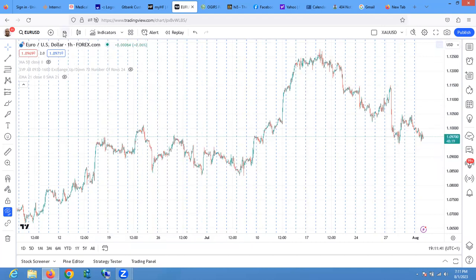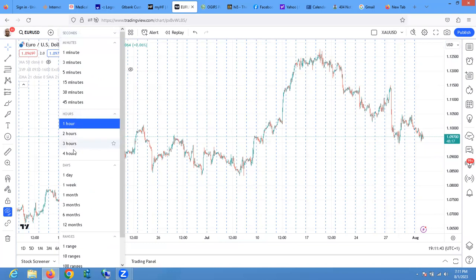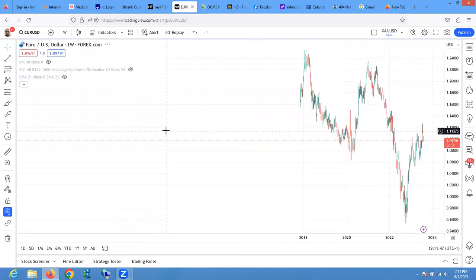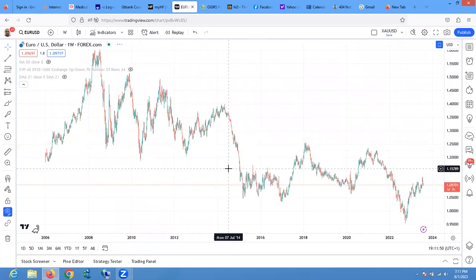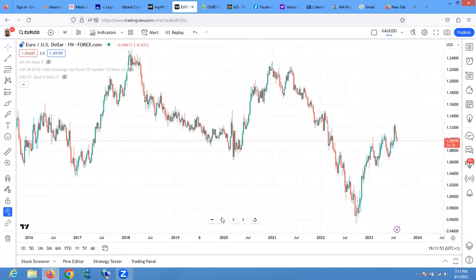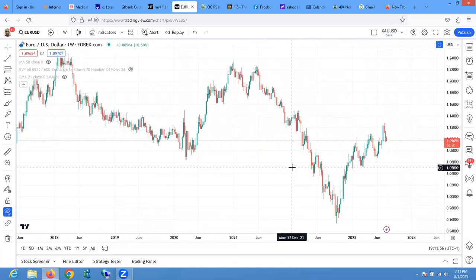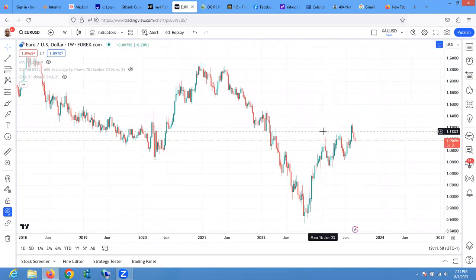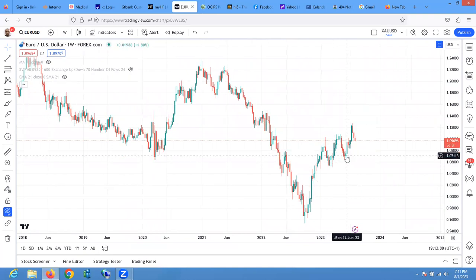So let me go to the larger time frame for you to see what I'm trying to say. If I go to the weekly time frame, we may begin to see that this may be A, B, C, D, and this coming to the downside, because everything is corrective really, might just be an E to now make a wave 2.